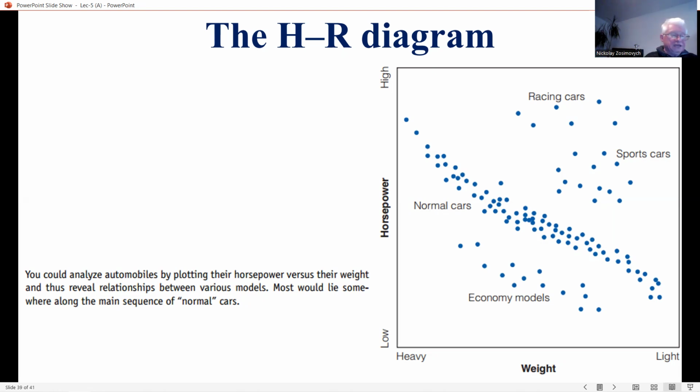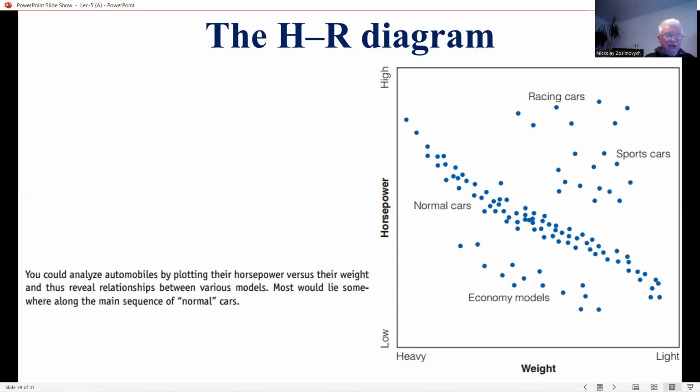You might call this the main sequence of cars. But some cars have much more horsepower than normal for their weight, the sport or racing models, and lie higher in the diagram. Okay? Other cars, the economy models, have less power than normal for cars of the same weight and fall lower in the diagram.